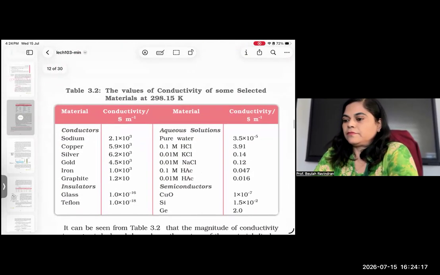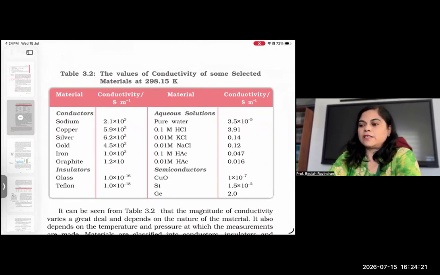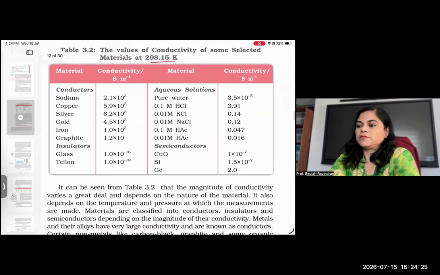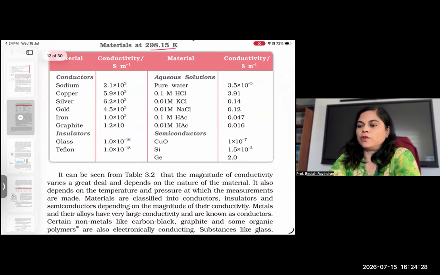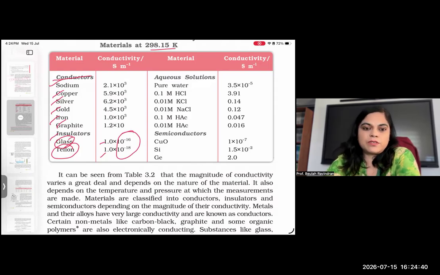See, this table shows the values of conductivity of some selected materials at room temperature, 25 degrees Celsius. Among conductors, we have sodium, copper, silver, gold, iron, graphite, and among insulators, glass and Teflon. For insulators, you can see the conductivity is very low, in negative exponent terms.